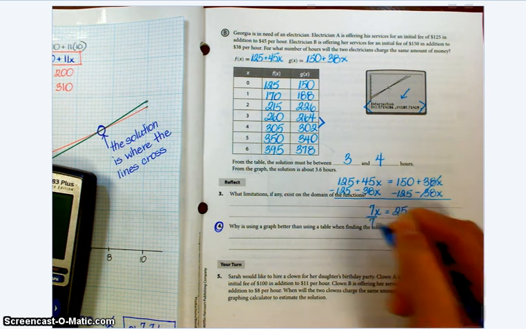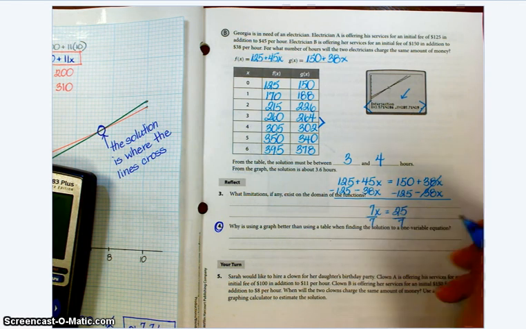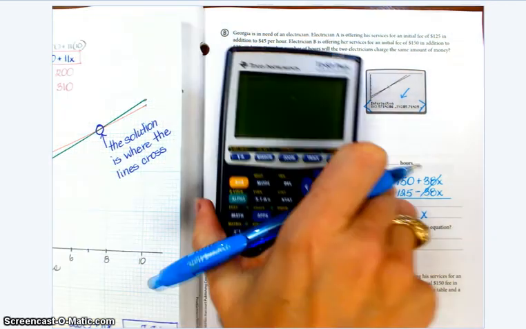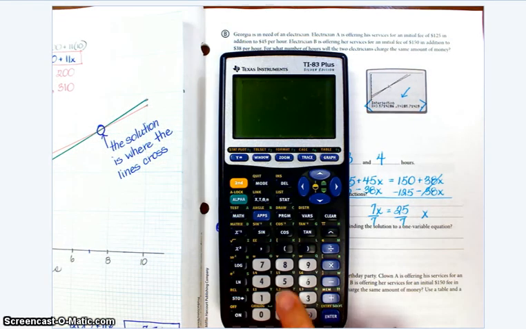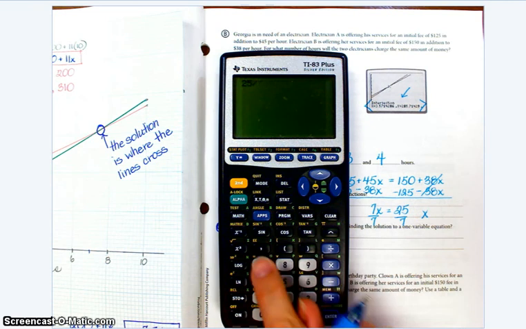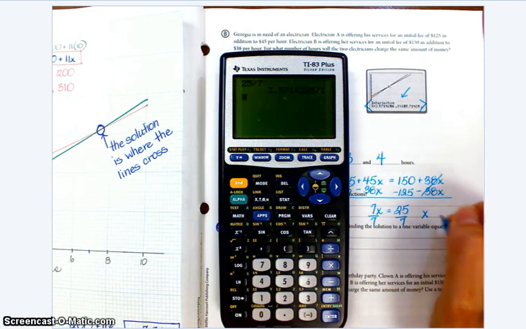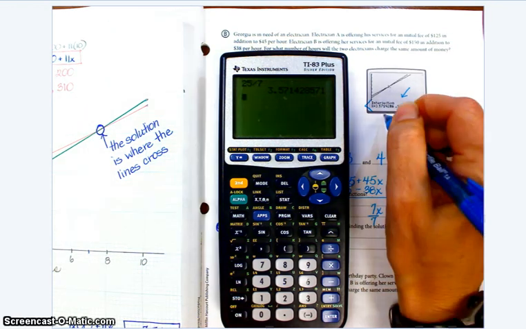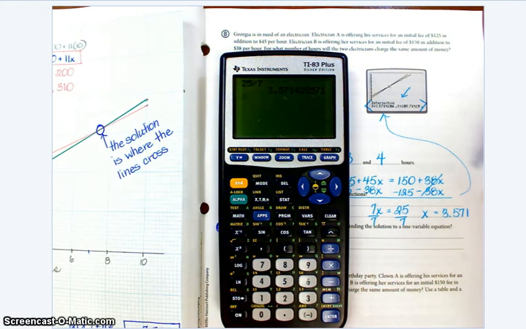So divide both sides by 7. And x is going to be whatever 25 divided by 7 equals, which is 3.571, which is basically what I got up there. Okay, so that looks good.